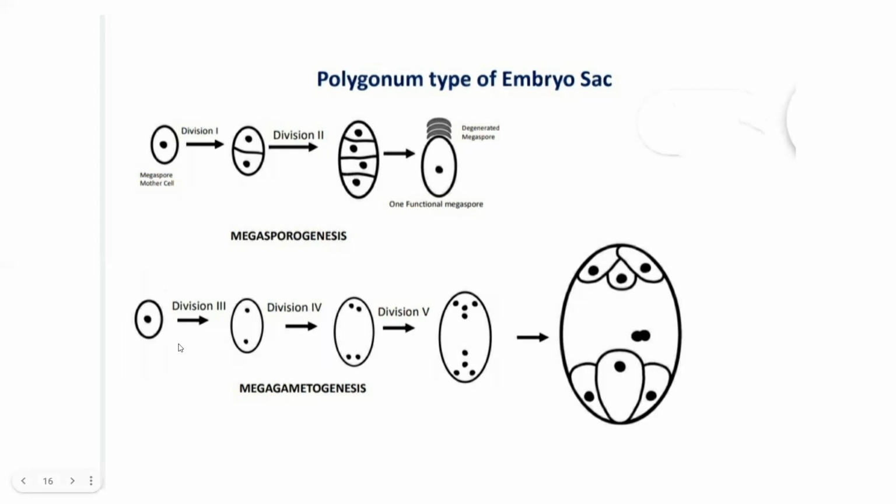So after 2 mitotic divisions, 4 nuclei are formed at each end. At the micropylar end the egg apparatus consists of 2 synergids and 1 egg cell, and there are 3 antipodals at the chalazal end. So the 2 free polar nuclei fuse together to give rise to a secondary nucleus.